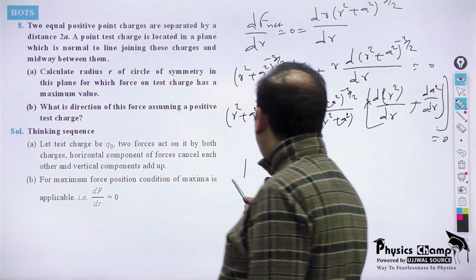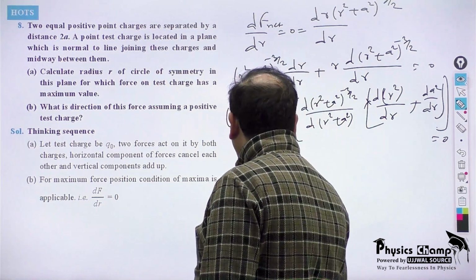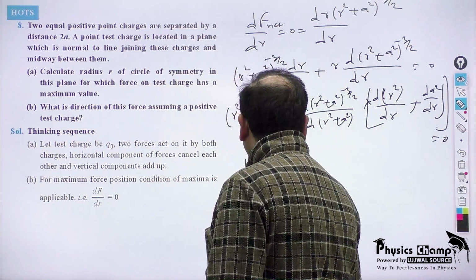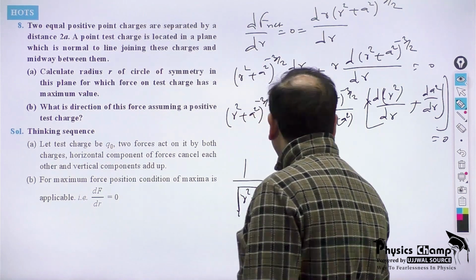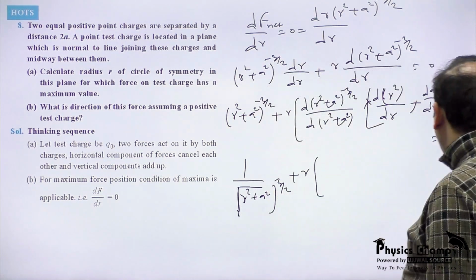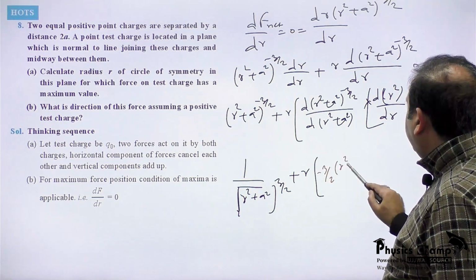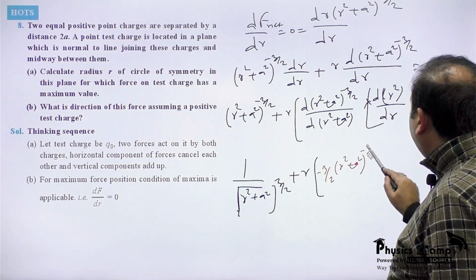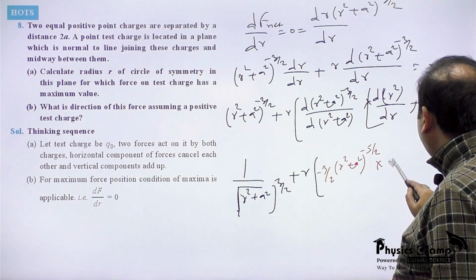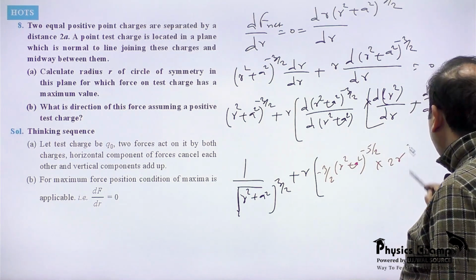So here it is 1/(r² + a²)^(3/2) plus r, and this part will be -3/2 (r² + a²)^(-5/2), and here it will be 2r, and d(a²)/dr will be 0.